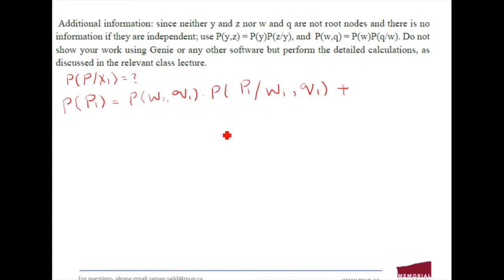Now the second combination could be the probability of W1 and Q2, times the probability of P1 given W1 and Q2.